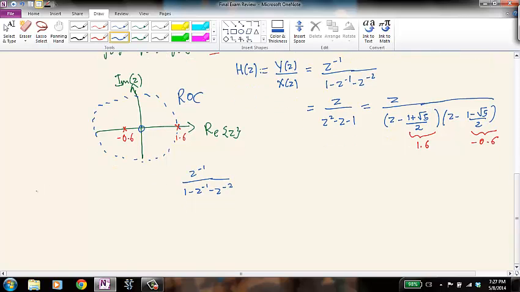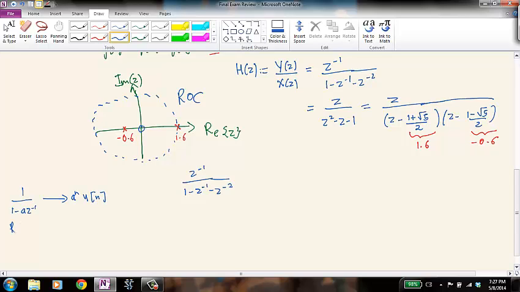So if you recall, 1 over 1 minus a z inverse, the inverse z transform of that would go to a raised to n u of n, right?